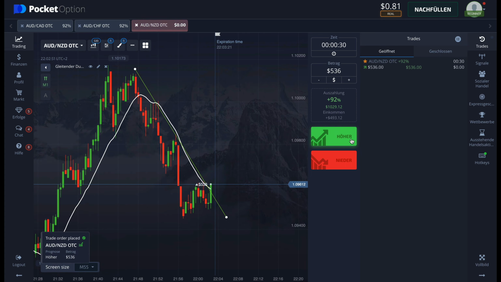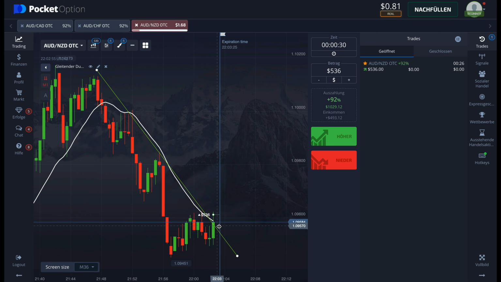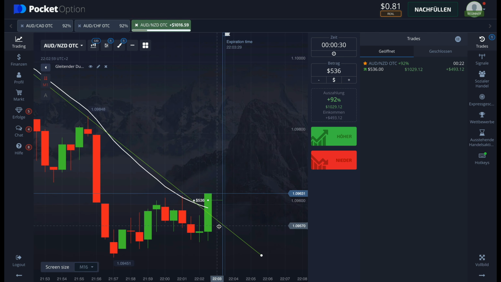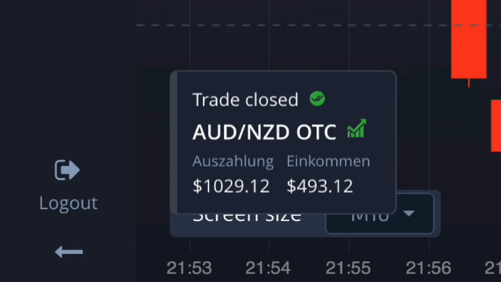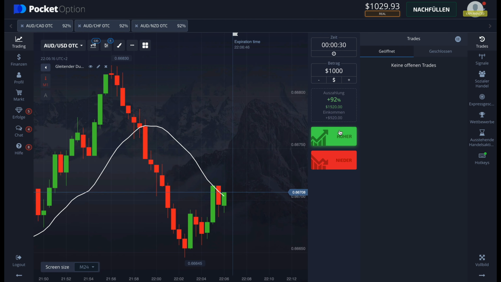This moment I saw the candle broke the moving average again, so I took the trade. Wow, we increased our balance again. Beautiful. Let's search for another opportunity to trade.